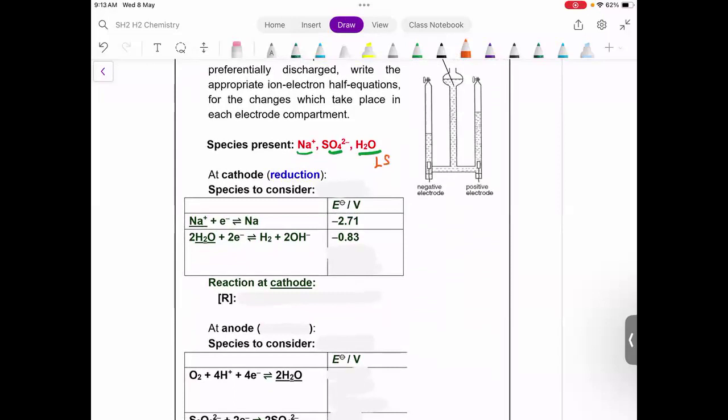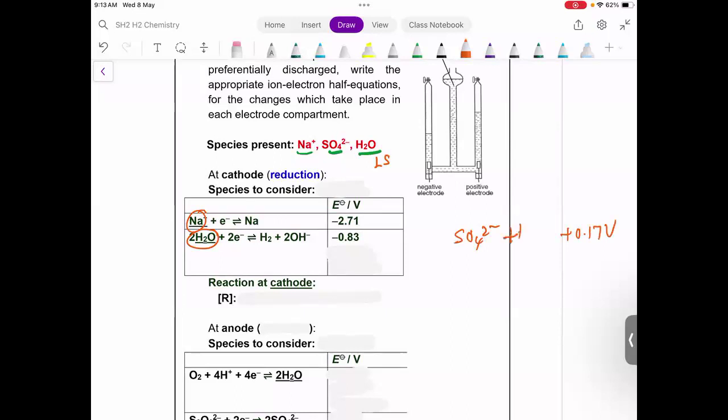But notice that I only choose these two, ignoring sulfate. Do you know why? You can reduce sulfate. There is a reduction potential for sulfate here, in fact about 0.172 according to your data booklet. But there's no acid.